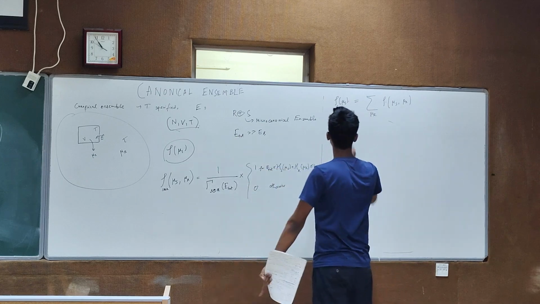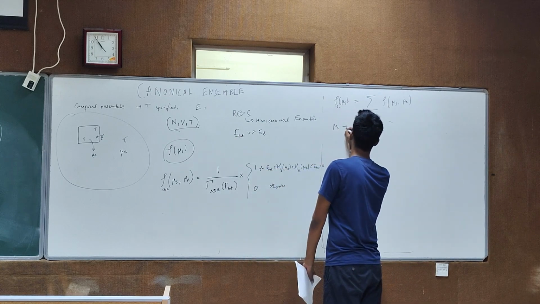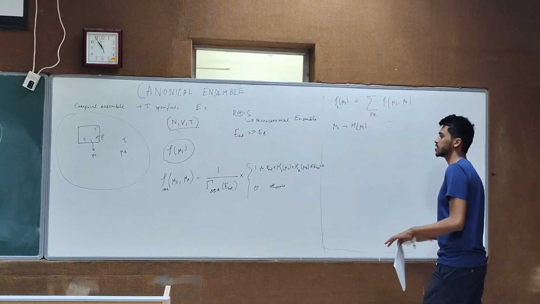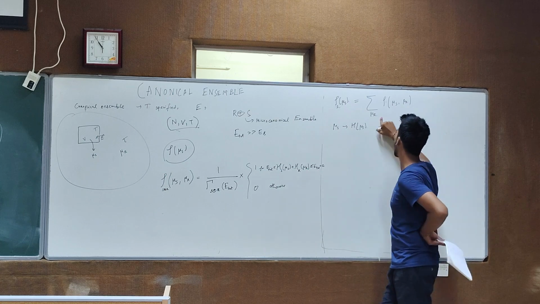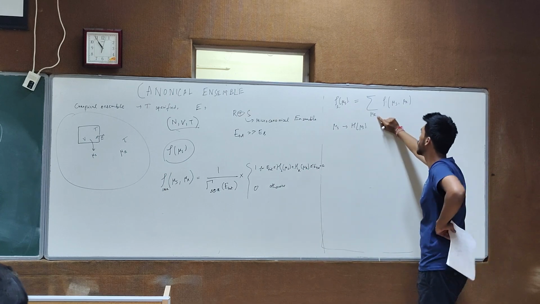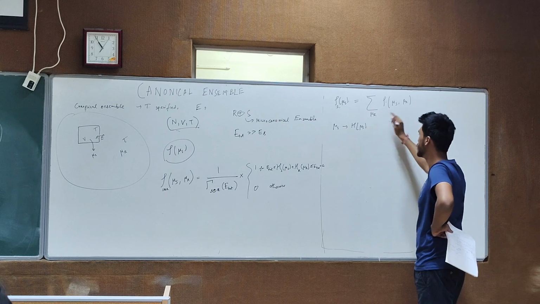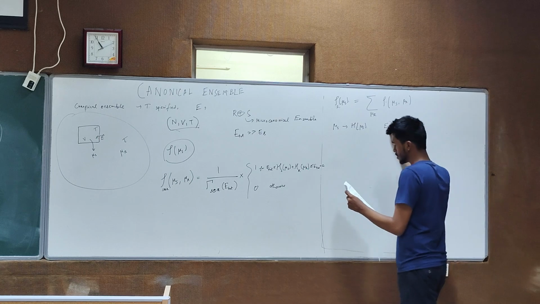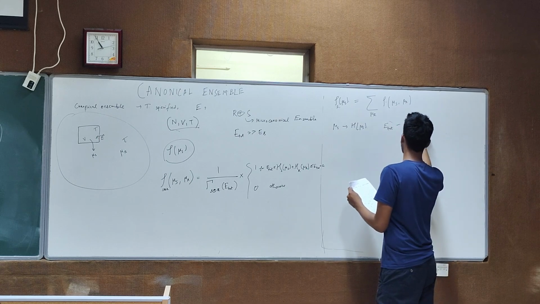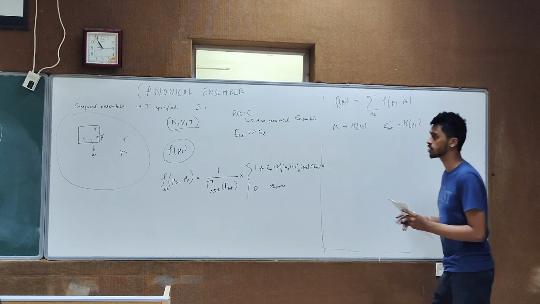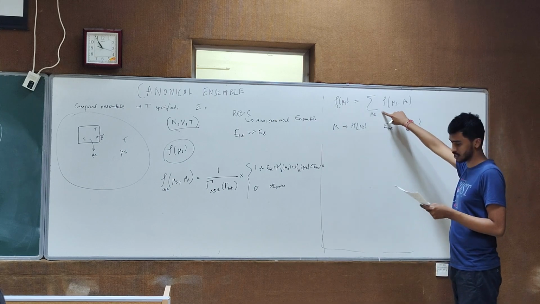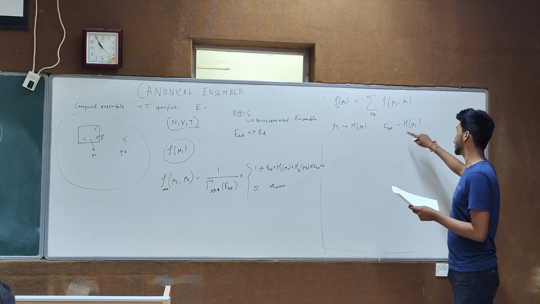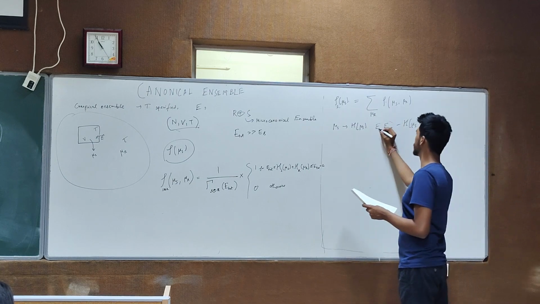Now once you have the μs, you have H of μs. Because of this condition, only those microstates of the reservoir are possible where the energy of the reservoir is E total minus H of μs. So you need to sum only over those states of the reservoir where the energy of the reservoir is this.